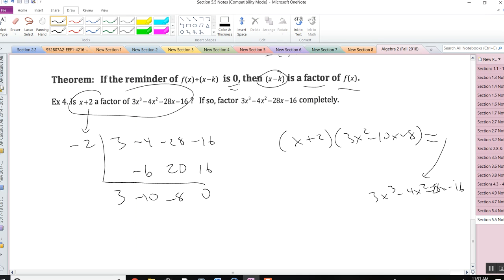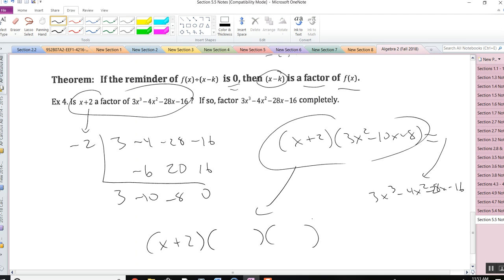And then I can actually take this further. If I do the diamond for this bit, negative 24, negative 10, negative 12, and positive 2.